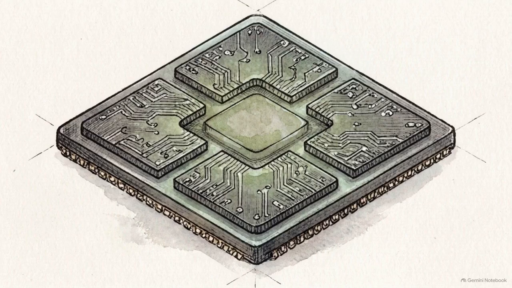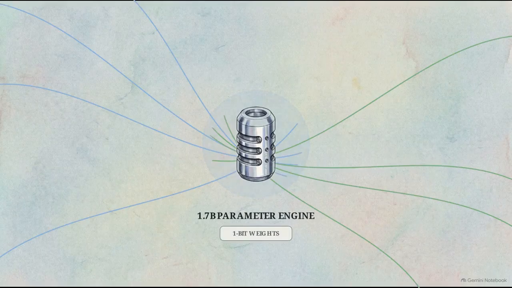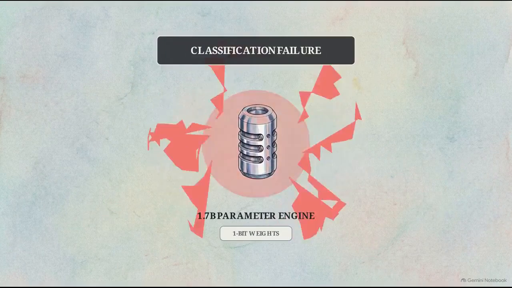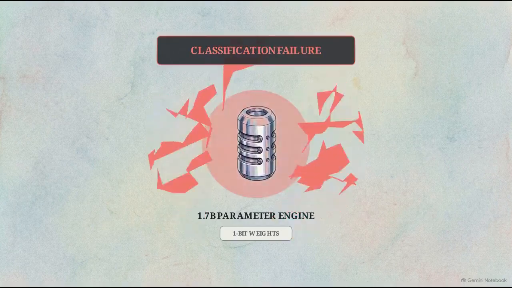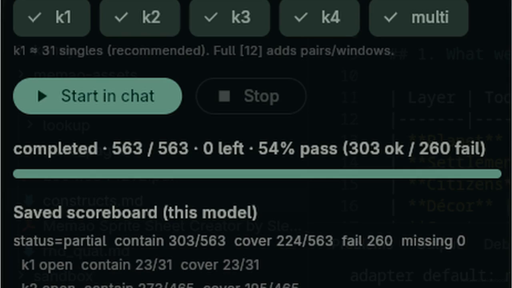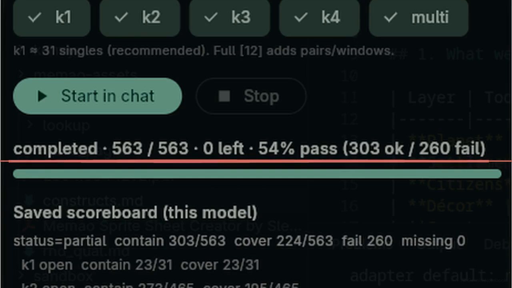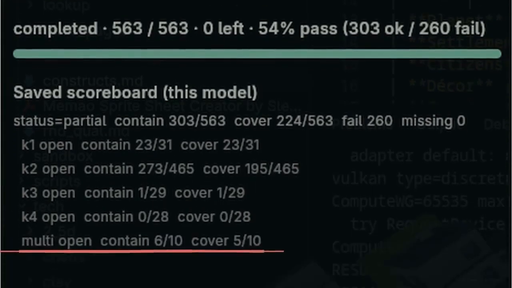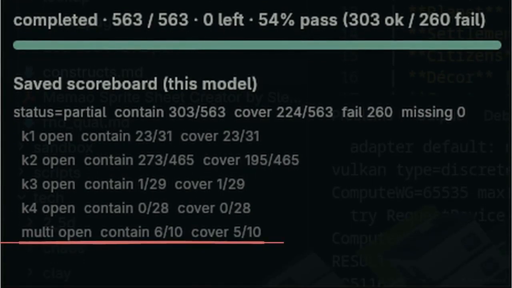This aggressive edge architecture does come with objective limitations. A sub-2 billion parameter model, especially one heavily quantized, struggles with raw intent classification accuracy. This scoreboard tracks the system's live evaluation tests, showing an exact 54% overall end-to-end task success rate out of 563 completed runs. The specific failure mode lies in multi-intent tasks.